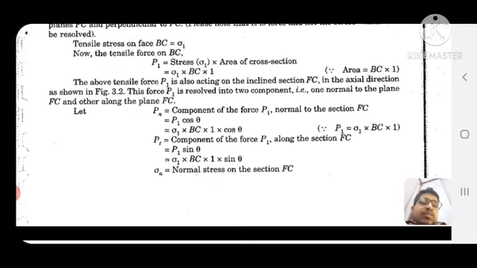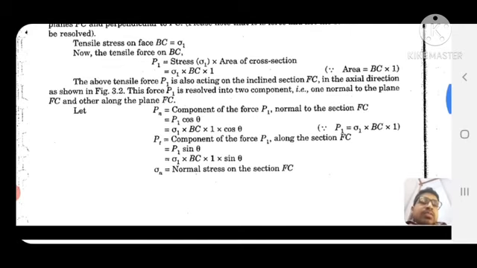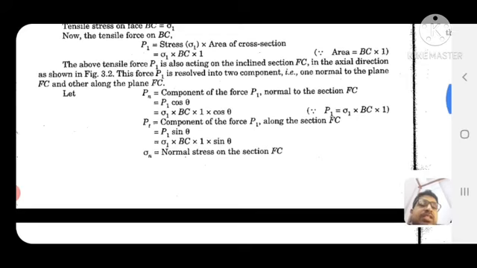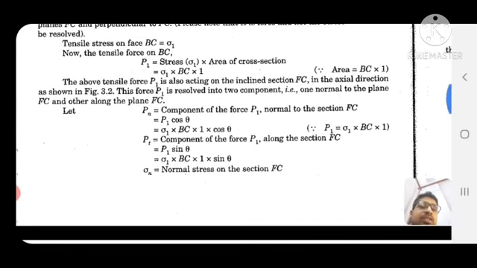So Pn is equal to the component of the force P1 normal to section FC, P1 cos theta, that is equal to sigma 1 into BC into 1 into cos theta. Another one is the component of force P1 along the section FC, P1 sin theta, that is sigma 1 into BC into 1 into sin theta.